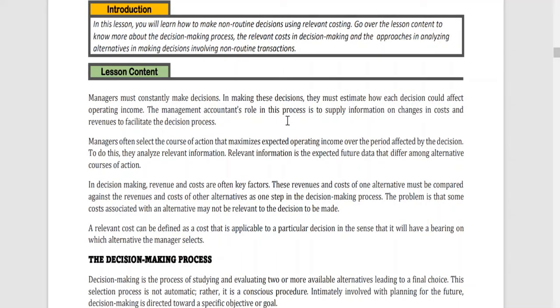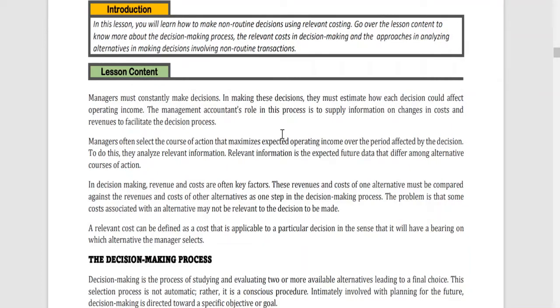So managers must constantly make decisions. And in making these decisions, they have to estimate how each decision could affect the operating income. Because of course, the main target for businesses is to earn profit.